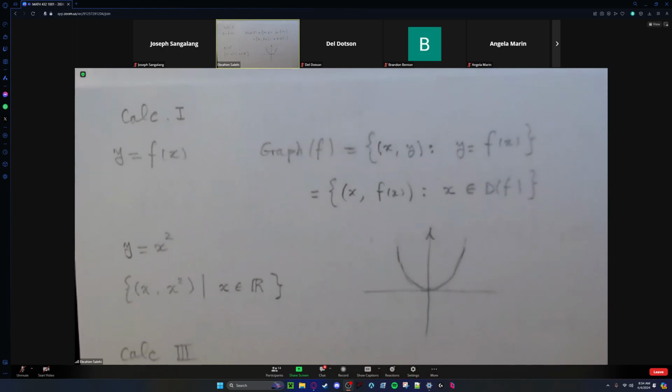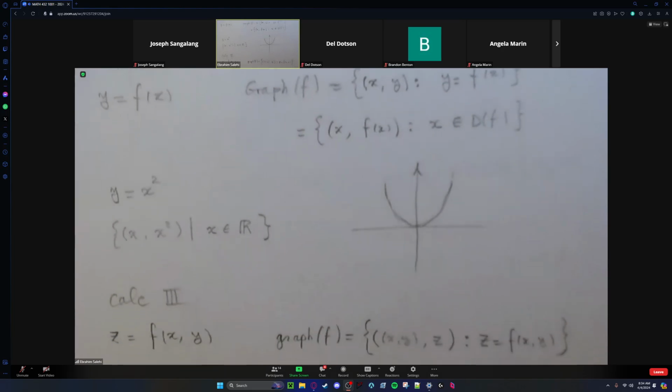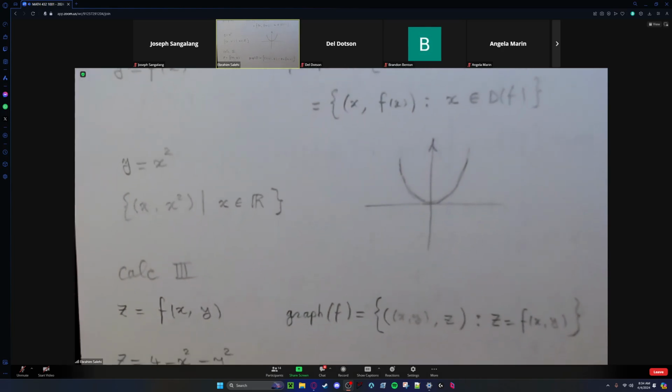When we get to calculus 3, if you remember, we dealt with functions of two variables. The input is a point, an ordered pair x, y, and the output, when it comes to geometric interpretation, we thought about it as the height for that point.